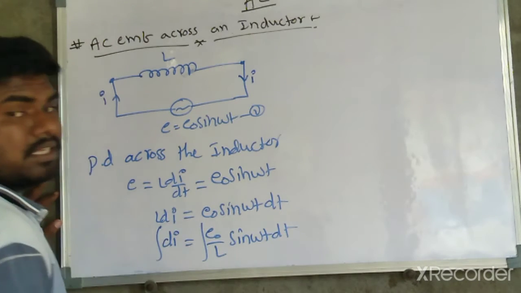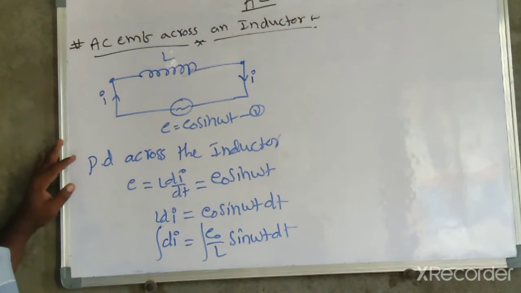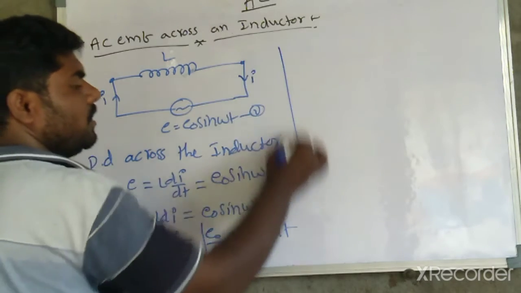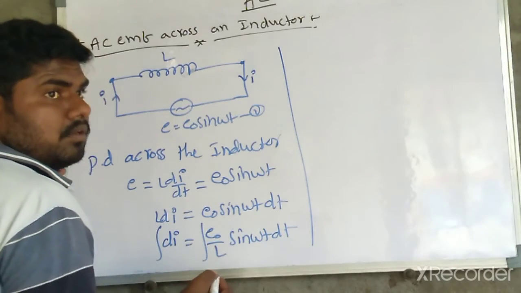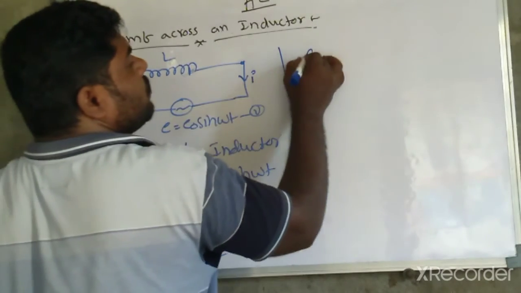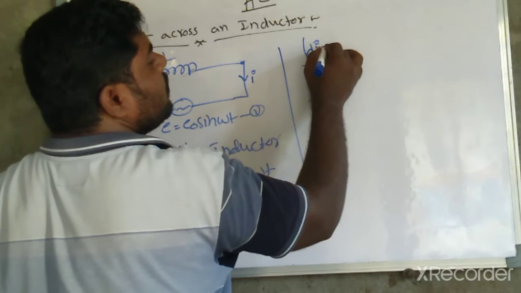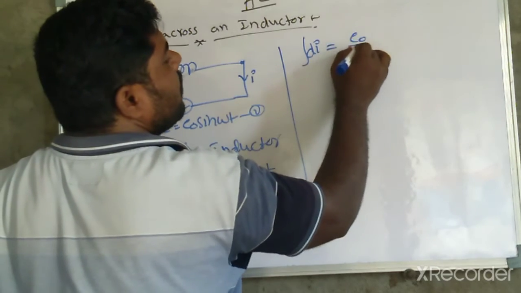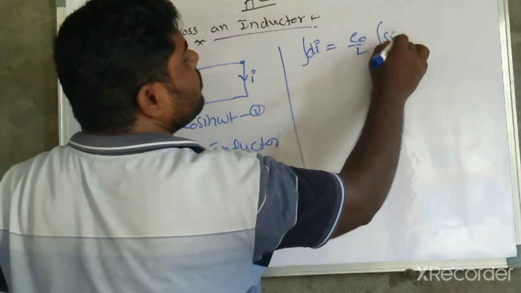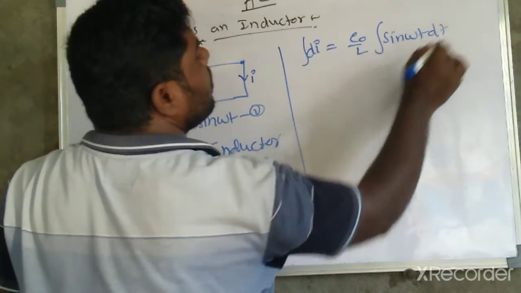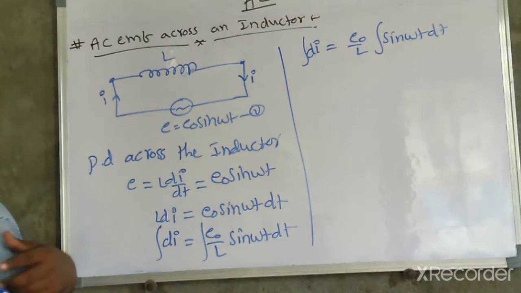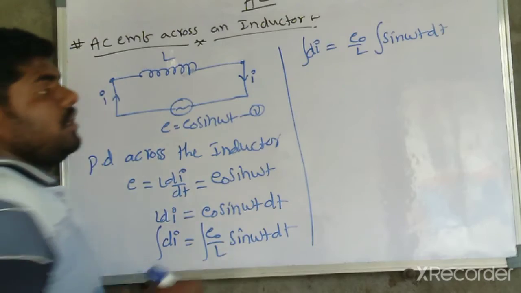Integral on both sides. Here E naught by L we may write out of the integral. So integral di is equal to E naught by L into integral of sin omega t dt. Integral of sin omega t dt is nothing but minus cos omega t divided by omega, plus c.